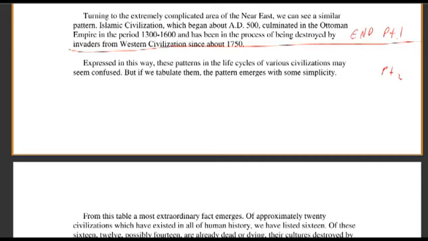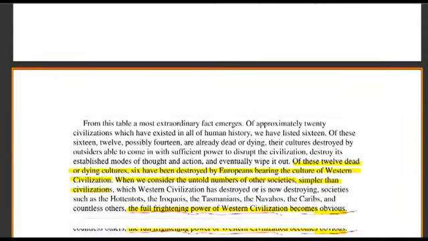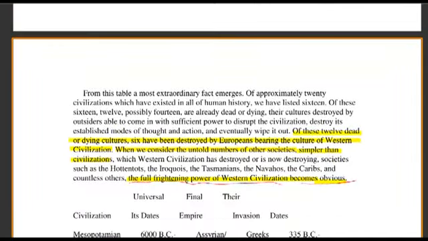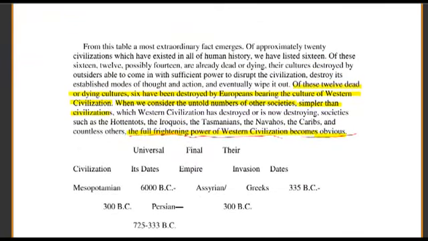You've seen the video of part two, so we're going to go over and give you some of the highlights. Okay, this is a continuation of the cycle of civilization. Here, as you can see in the first video, he talked about the 12 dead or dying cultures, and 6 have been destroyed by Western civilization.